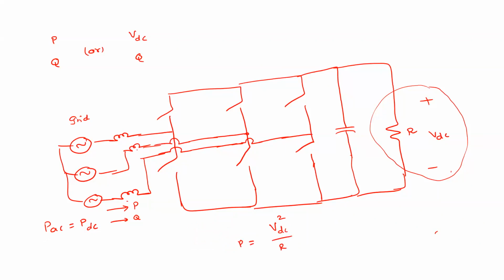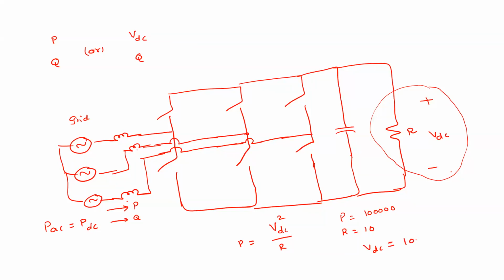Let us quantify this one. Let us assume this is the one, right? How much is it? 100 kilowatt. Let us assume R is 10. So what is the value of VDC? 1000.